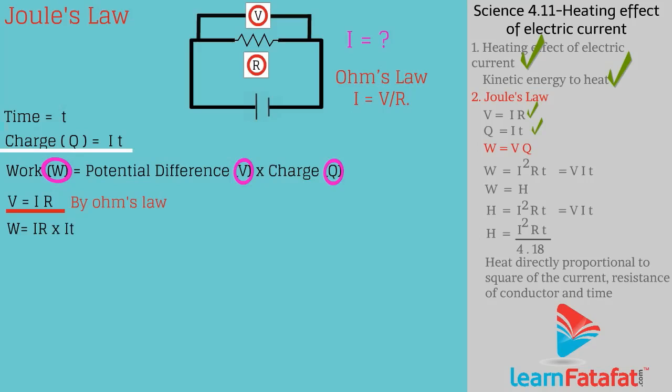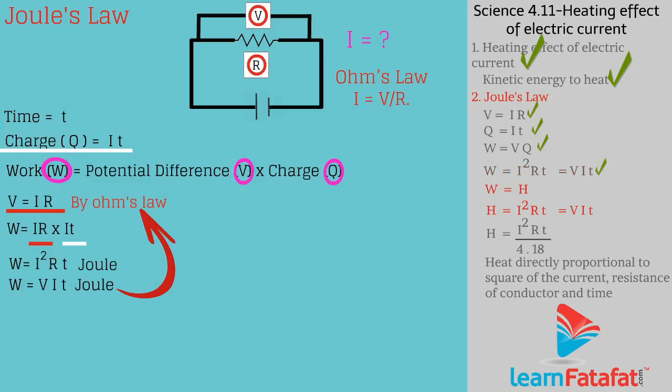Therefore, W is equal to I R multiplied by I t. So W is equal to I square R t joule, or W is equal to V I t joule.